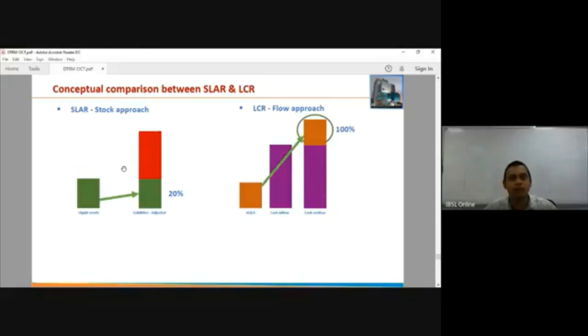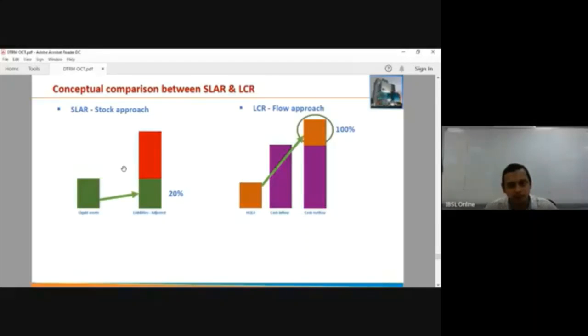Today, how many withdrawals come, nobody can tell. If withdrawals today exceed 20 million and you keep only 20 million in assets, you are in a liquidity problem. So SLAR, the stock approach, is an indication of liquidity, not the real measure of liquidity. The flow approach is a real measure of liquidity. The Basel framework adopted that.